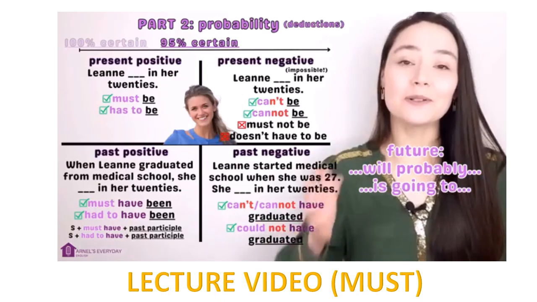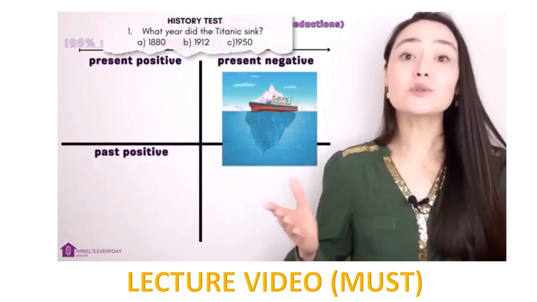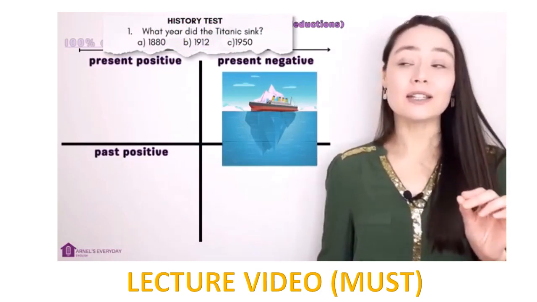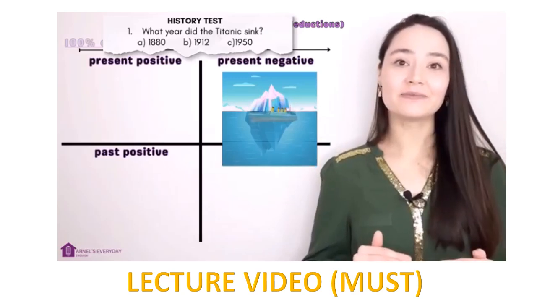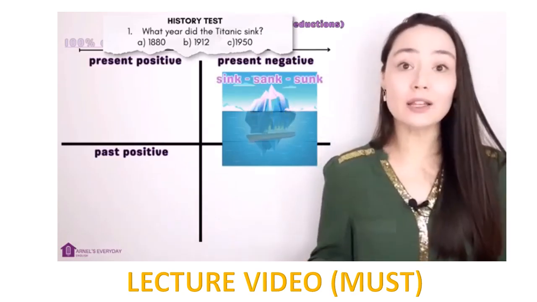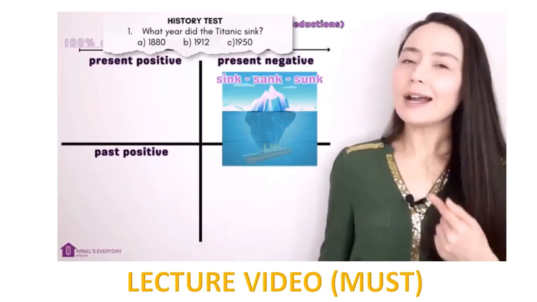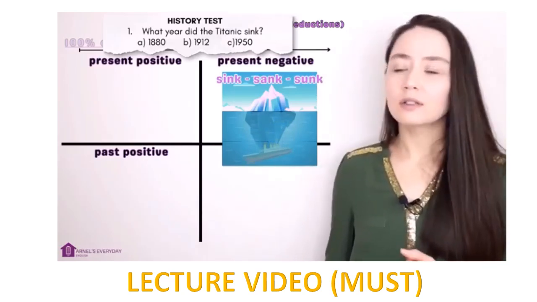Let's do another example. Imagine you have a history test and you see this question. What year did the Titanic sink? Sink is an irregular verb. Sink, sank, sunk. I didn't study for the test, but I feel pretty strongly about this.